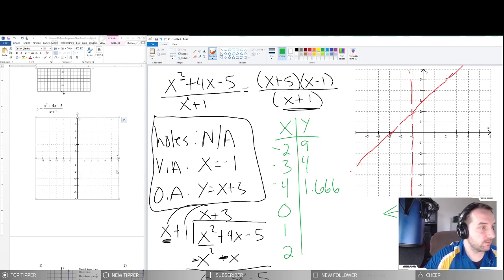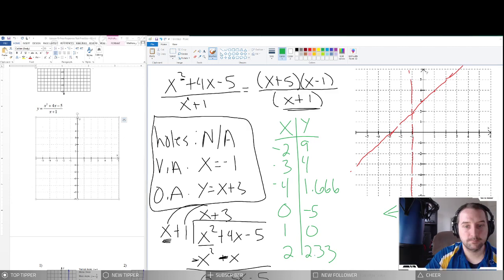And then for 0, 1, and 2, I'm going to get -5, 0, and 2.33. So I just need to plot them now.